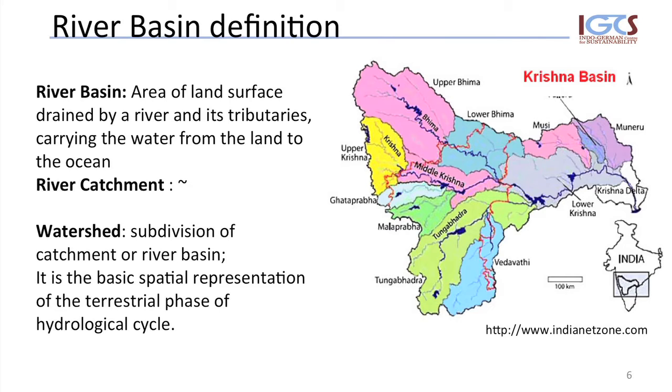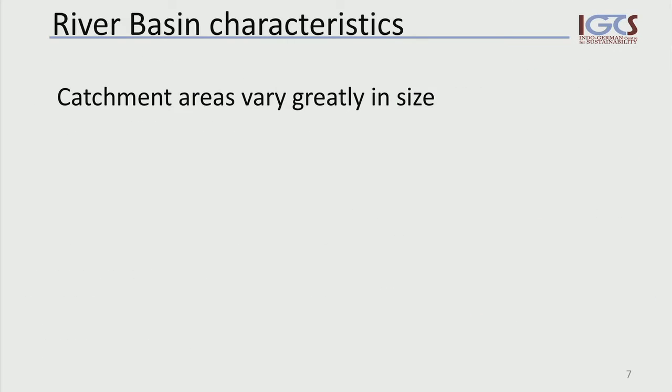So what we can summarize is that watersheds are the basic spatial representation of the terrestrial phase of our hydrological cycle. So we are not looking at what happens in oceans alone if we talk about river basin management.